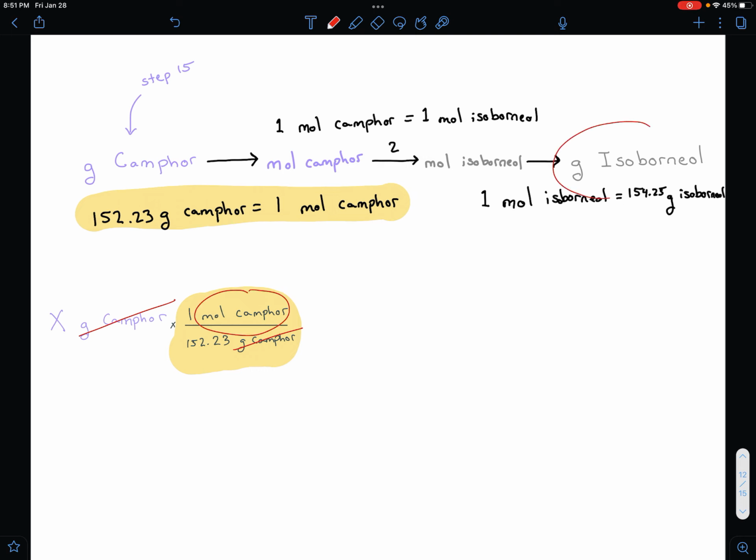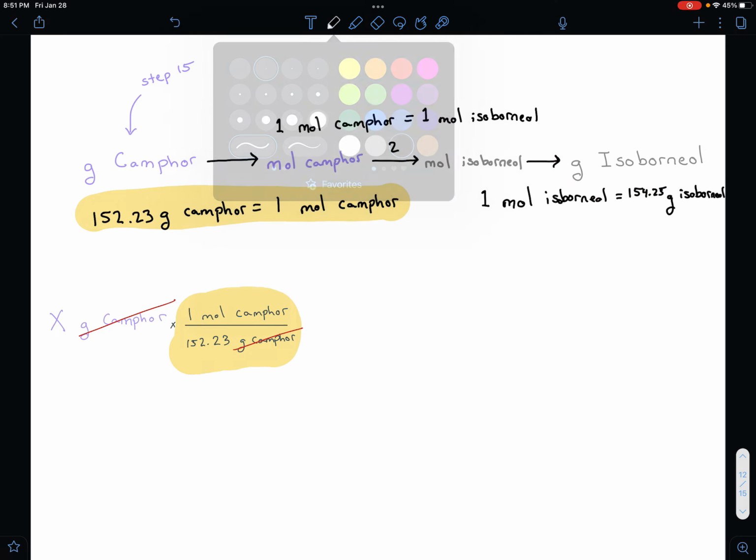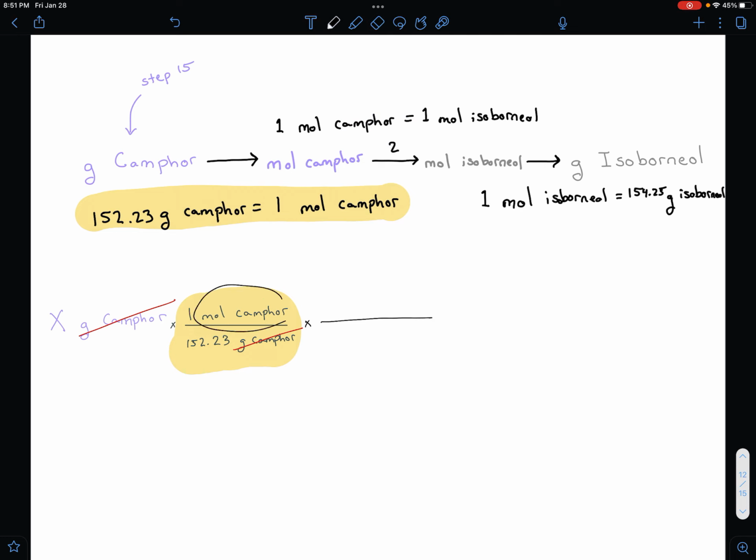But we don't want moles of camphor, we want grams of isoborneol. So we have to do another conversion. Every time you do a conversion, write a multiplication sign, a fraction bar, and the units you have on top go on the bottom of that next fraction. So in this case, that's moles of camphor. They go on the bottom because you want those units to cancel out.